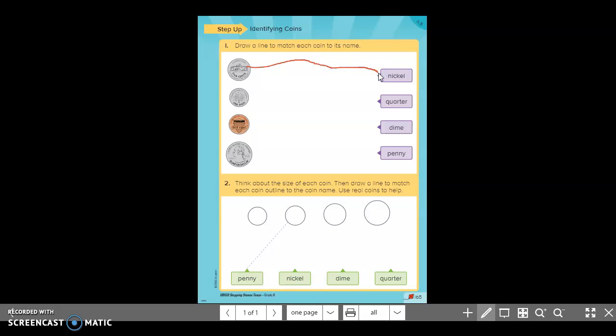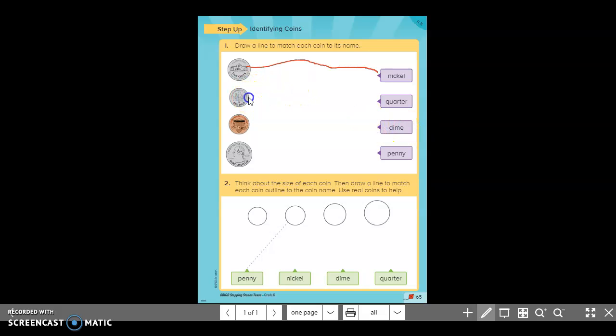Now, the other ones, boys and girls, I'm going to say the name. We're going to do them together actually. We're going to see the names over here. We're going to match them up together, okay? So the next one is a dime. It says real small there, 1 dime. Now, you see the word dime? Is it this one, or this one? Listen to the initial sound, the first sound, dime. D, d, that's it right there.